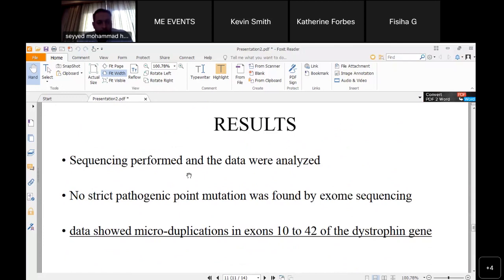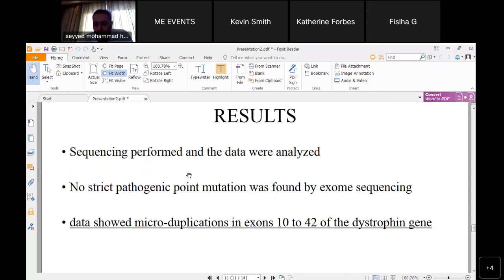For our result, genome sequencing was performed on this case and the data were analyzed. No strict pathogenic point mutation was found by exome sequencing, but our data showed a microduplication in exon 10 to 42 of the dystrophin gene.